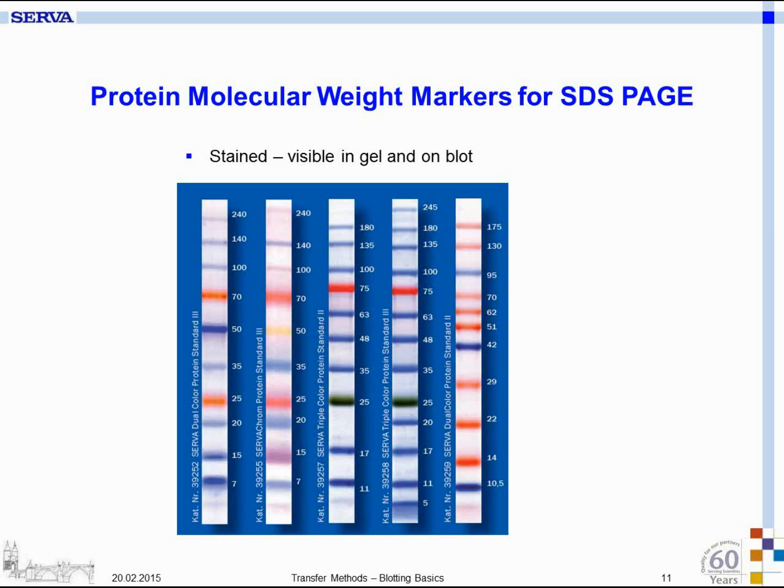So you can really see if all the proteins, also the large ones, because the large proteins very often cause some troubles for transfer because they don't migrate so fast in a gel onto the membrane. You can check how good was the transfer of the proteins, how quantitative. I have to say that the blotting transfer is never 100% quantitative, so quantitative tests with blotting is always a problem.